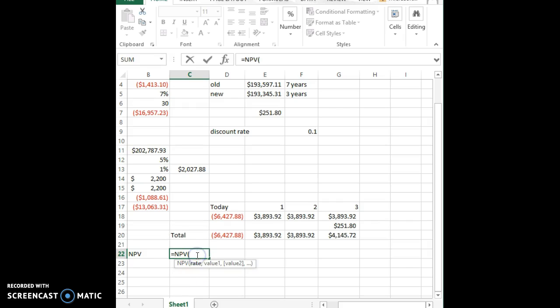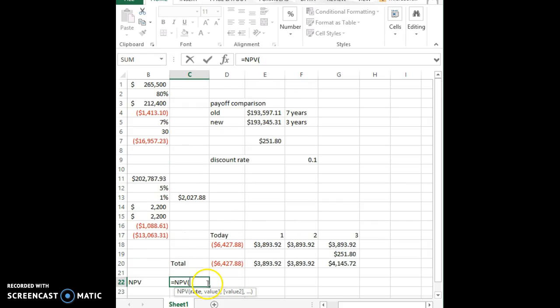The rate is going to be the discount rate, which is 0.1, comma, and we're going to use all these values right here, plus today's total, and we should get $3,044.90.